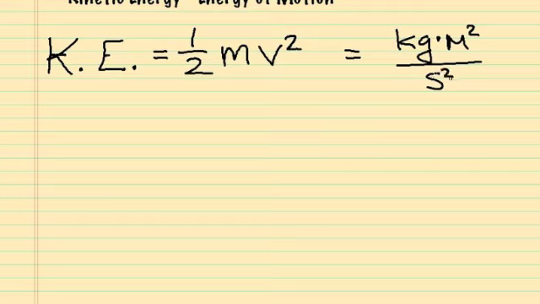So it's very similar to a newton, but we have more exponents. That is also known as a joule, because the guy's name was Joule. So we still have mass, we still have velocity, we've got to square it, our units get squared. It's a little bit more complicated, but I think you can handle it.